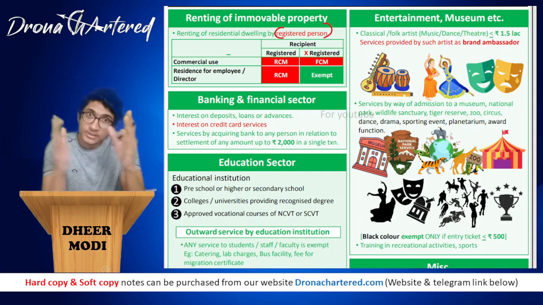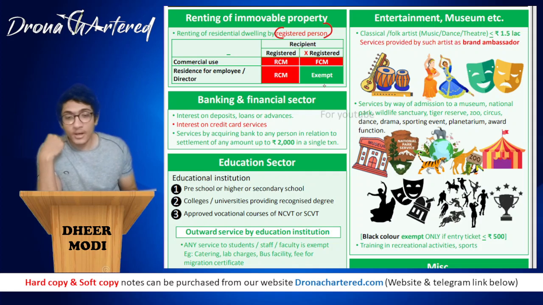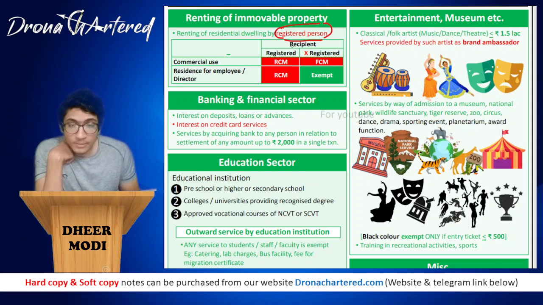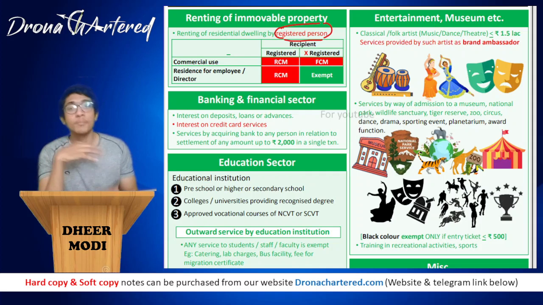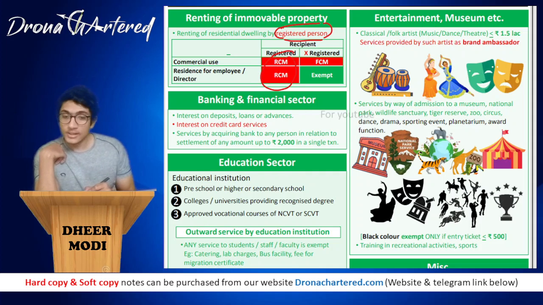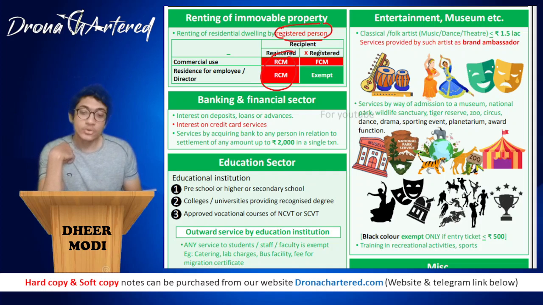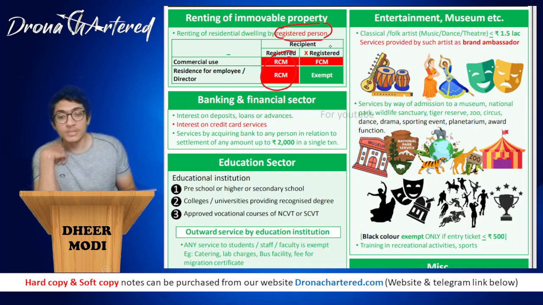So basically, if your recipient is registered and it is done either for commercial use or residence for employee or director, in either case, since your recipient is registered, it will come under RCM. Clear? However, if the recipient is not registered and it is for commercial purpose, then it will be forward charge mechanism.